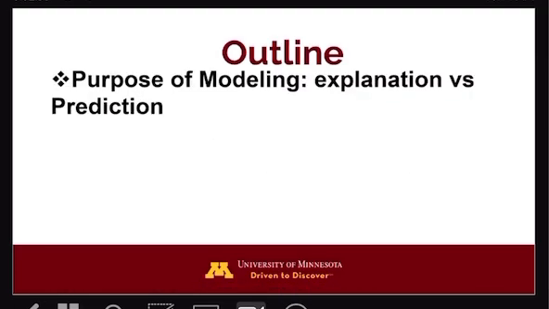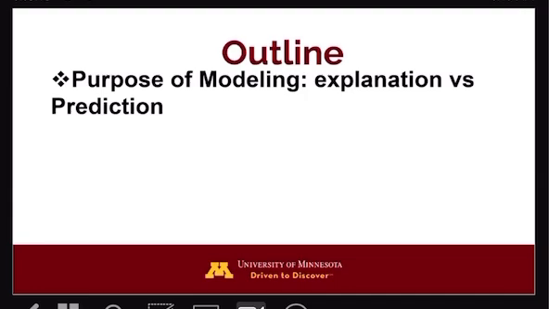So in the outline, today I'm going to talk about the purpose of modeling, because for you to know the criteria that work, we need to first know what your intention is, whether you want to explain or you want to predict.